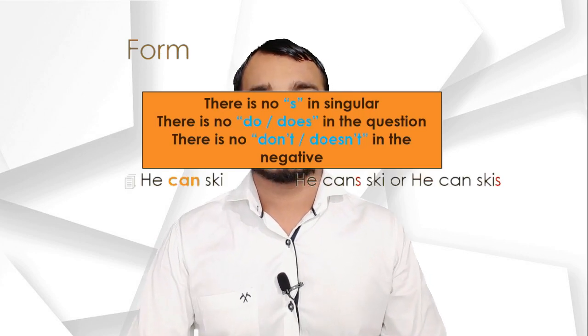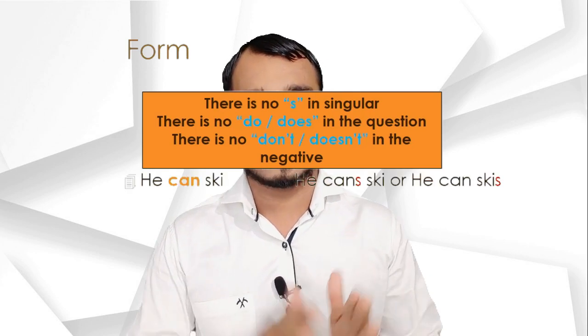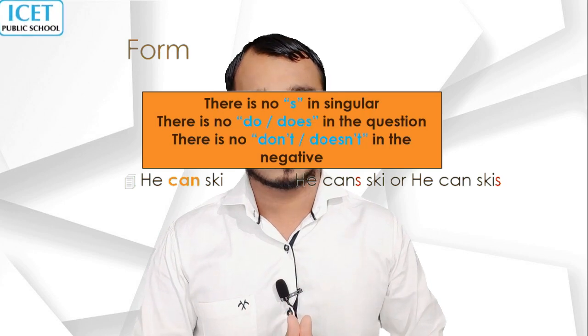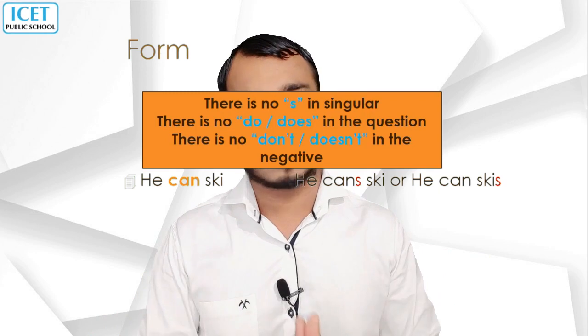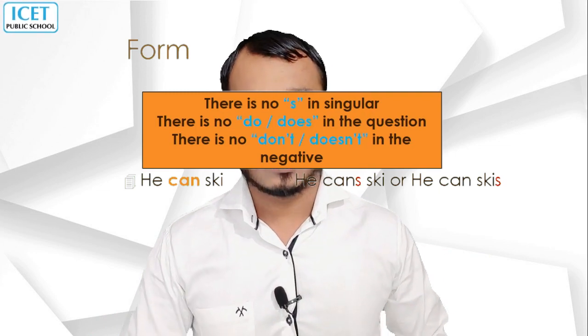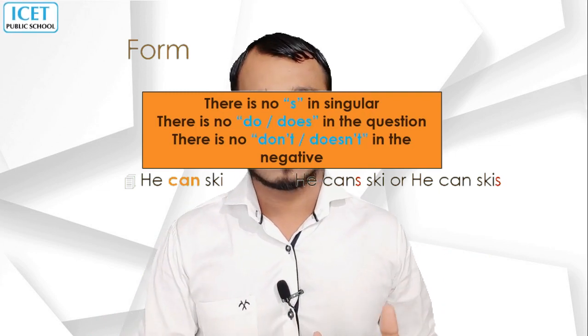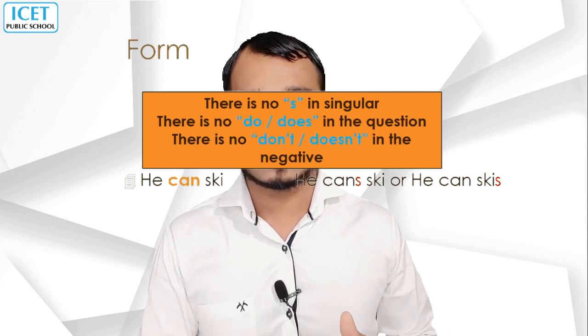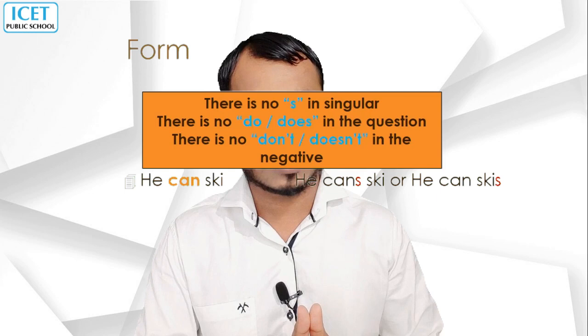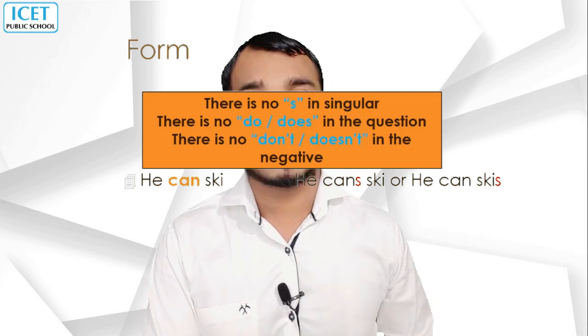He can ski. He can ski is an example. Then in this, he cans is not needed, even though he is singular. If it is he plays, we add the s, but in that way he can ski. In that, he cans, no need. Did you understand? Some of you may have doubt.